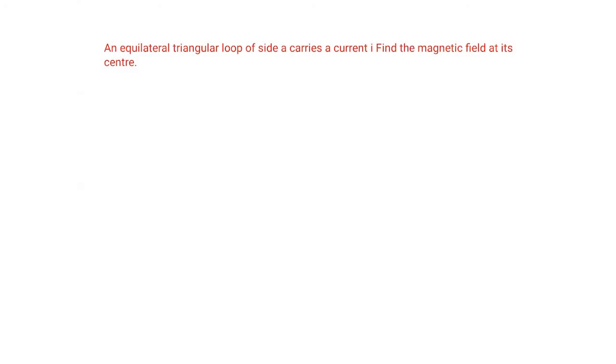Okay. Let's try this, children. So there is a triangular loop. You have to find the magnetic field at its center. Side is A. Okay, options you want?